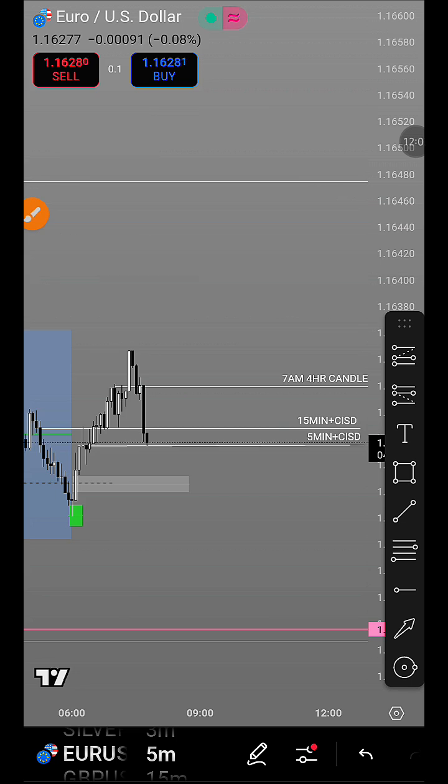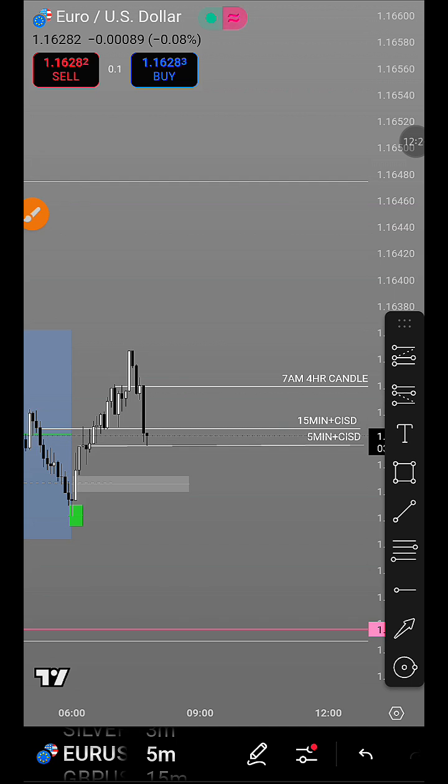So what do I have? Do I have any 15-minute bullish FEGs? No, I don't. The only PD arrays I have here are a 15-minute change in state, which price is trading into now, a 5-minute change in state, and then that 5-minute bullish FEG.